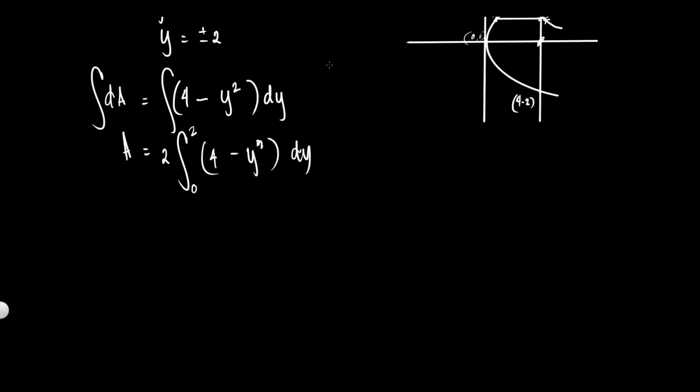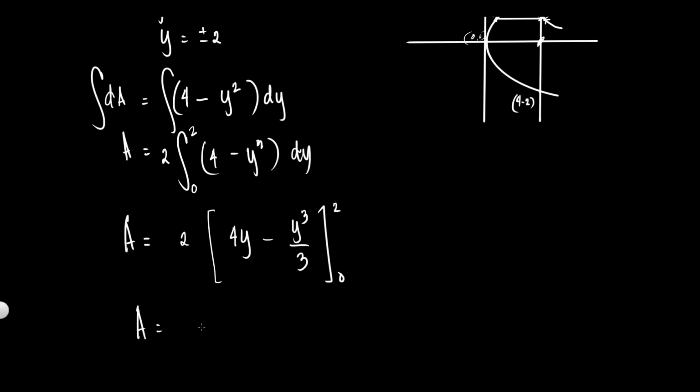Okay? So, yan na. So, let's integrate this. A is equal to 2 times, what is the integral of 4 dy? 4y. What is the integral of y squared? Minus y cubed over 3. Limits, 0 to 2. Okay? So, substitute na natin yung upper limit.